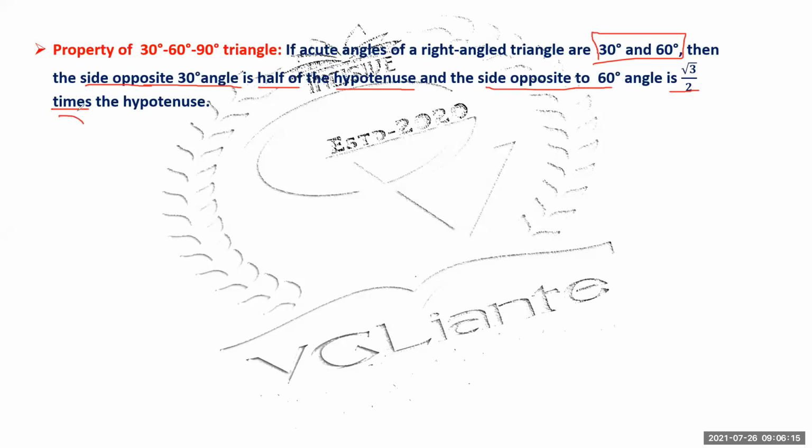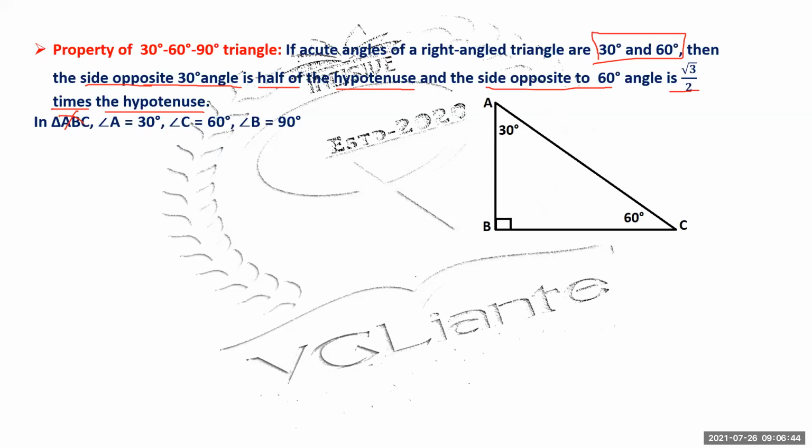Times here means multiplied: root 3 upon 2 multiplied with the hypotenuse. Now we'll have a look at the figure here. Consider triangle ABC in which angle A equals 30 degrees and angle C equals 60 degrees, and the angle B which is remaining is 90 degrees.